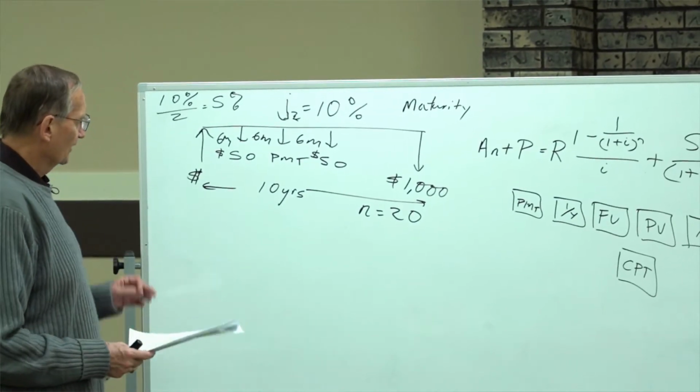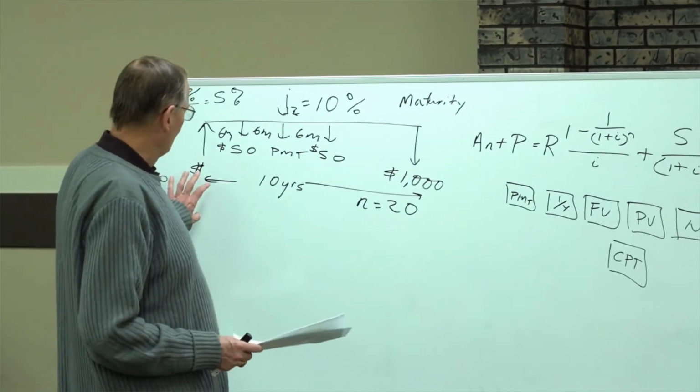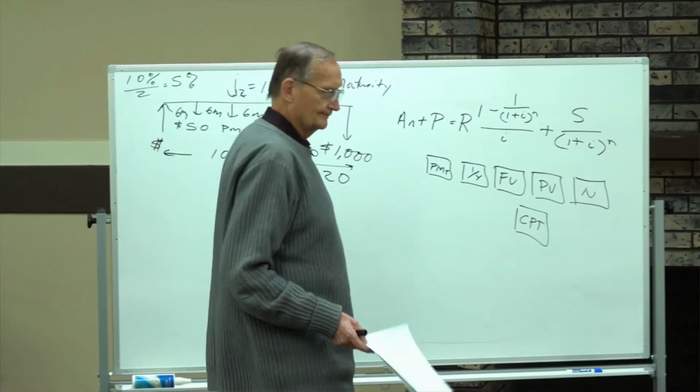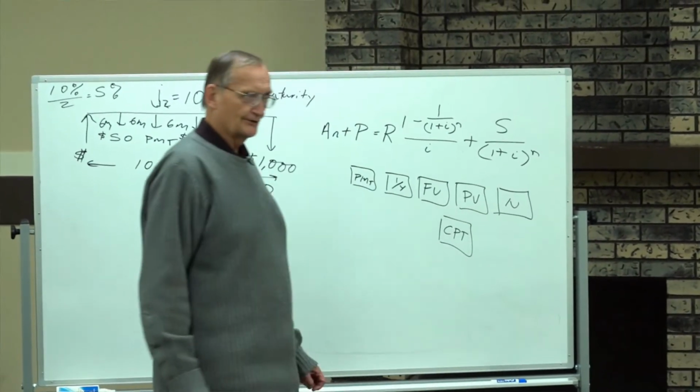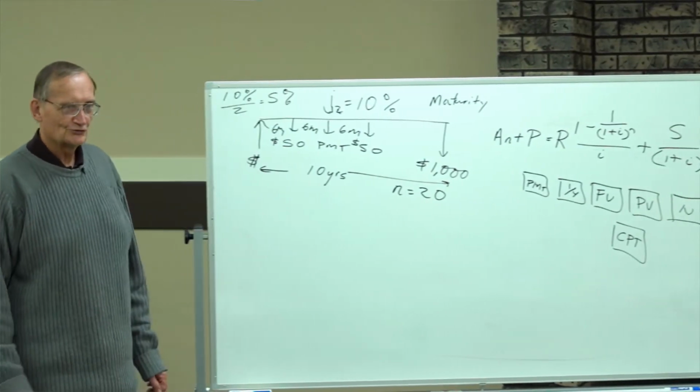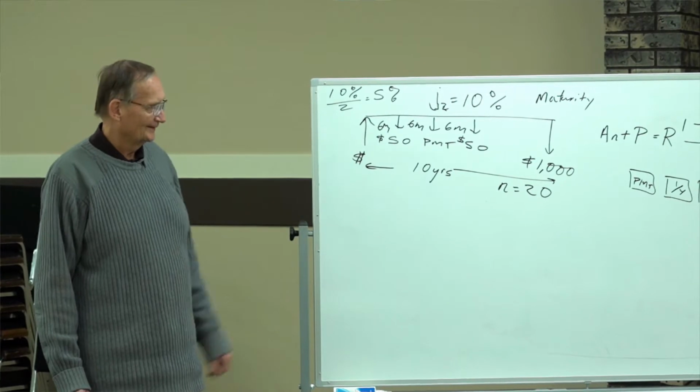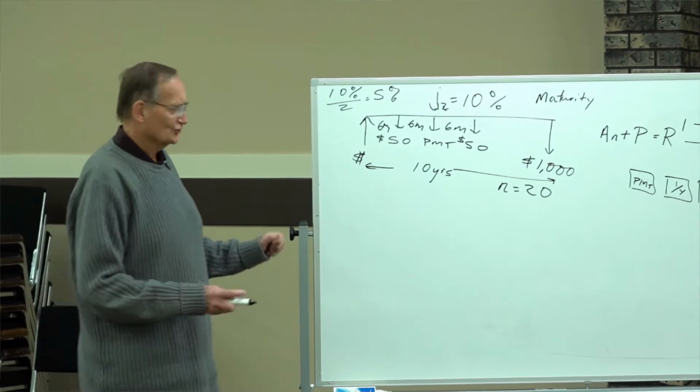Okay, so what I want you to do now, tell me how much you should pay here for this annuity, and we'll do it together, because I know it's your first time. Okay, how much should we pay for that bond? Okay, what do you think the payment should be?